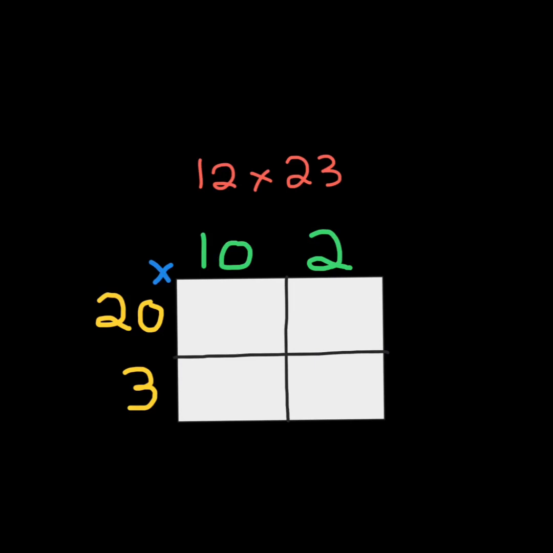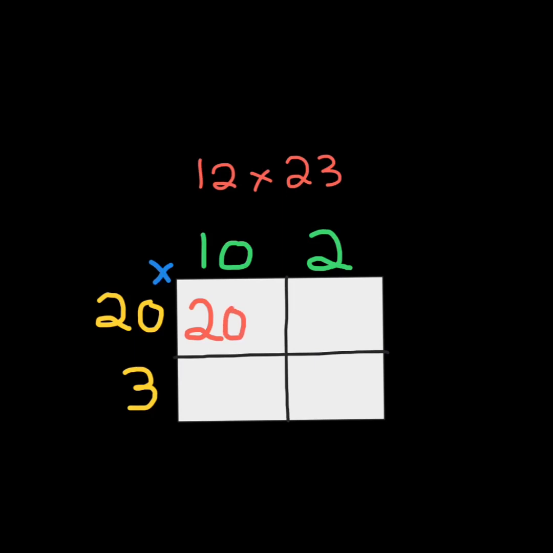So first I go 2 times 1, which is 2. And then I have to remember to add the zeros on the back of 20 and on the back of 10. So that gives me 2 zeros to use.